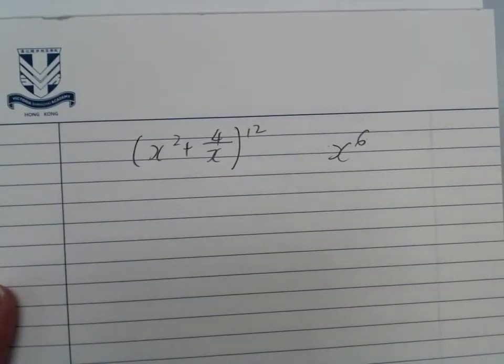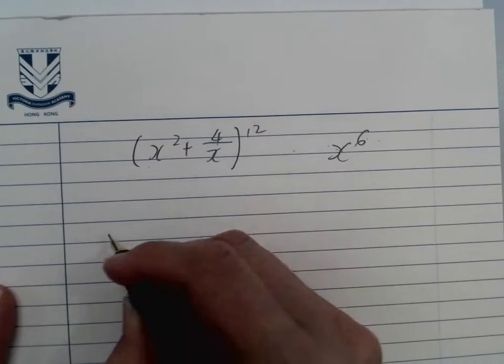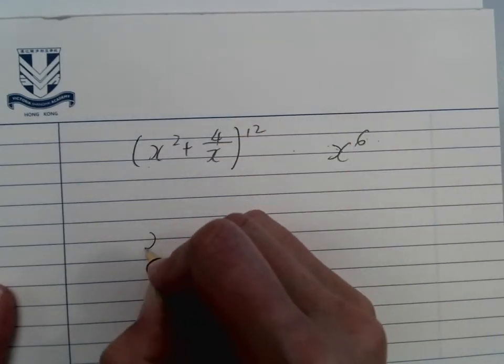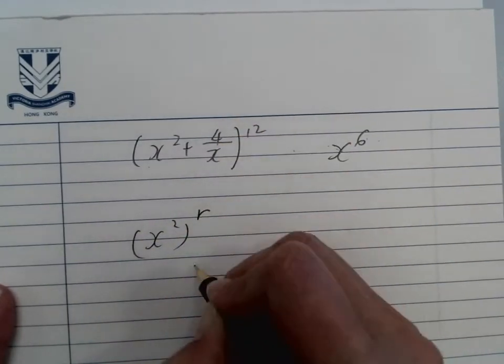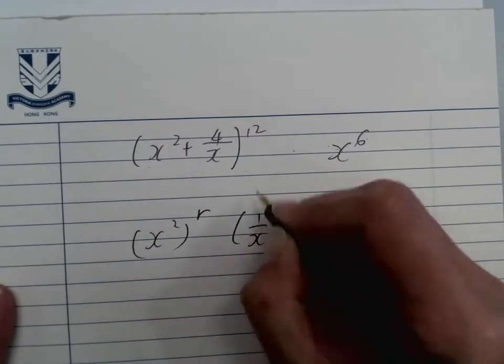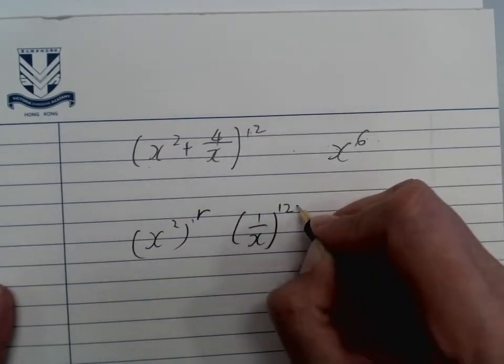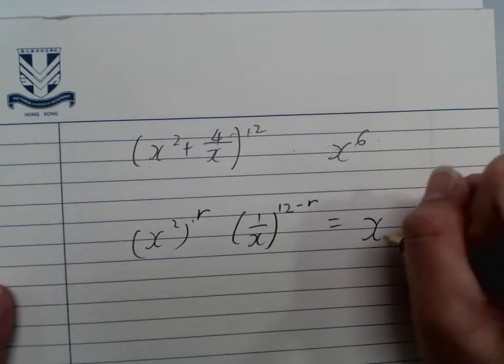So sometimes when you have the binomial expansion and you need to find a certain coefficient, say for example, this time I have (x squared plus 4 over x) to the power 12, and I want the coefficient of x to the power 6. I will omit the numbers for now. I will think of x squared to the power r, times 1 over x to the power 12 minus r, because these two have to add up to x to the power 6.